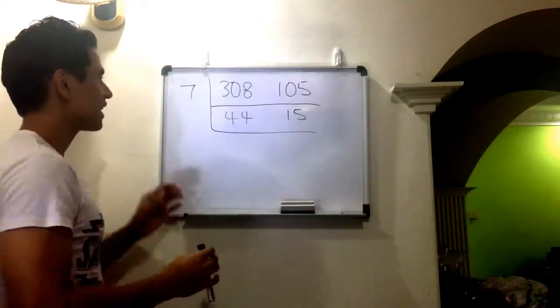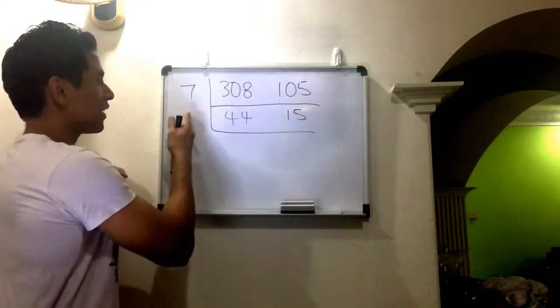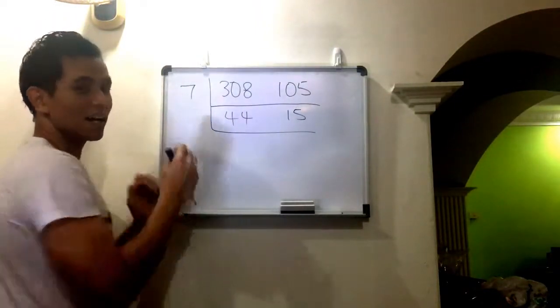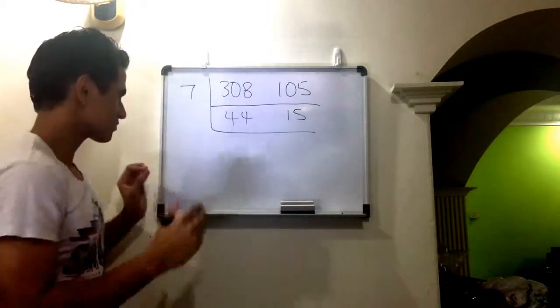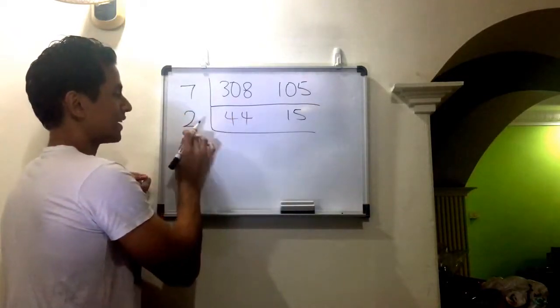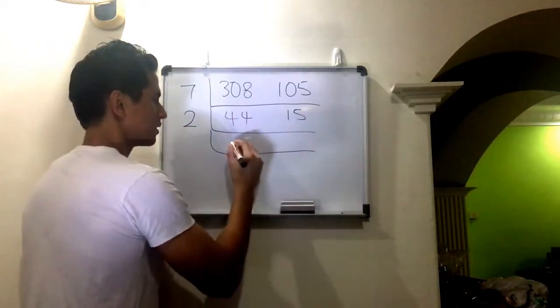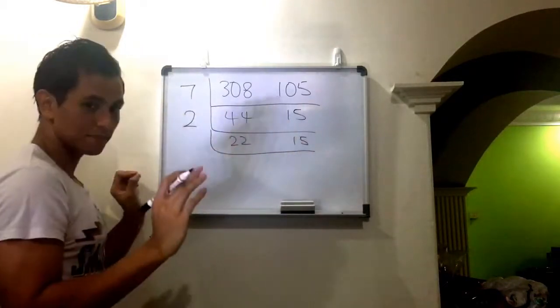It's very important that you realize the HCF is 7 and only 7, and don't get confused by the new numbers you can add here. That's why, as I said, the ladder method can be a little more tricky. So now, divide by 2 because 44 can be divided by 2. We get 22 and 15. See, 15 remains the same.